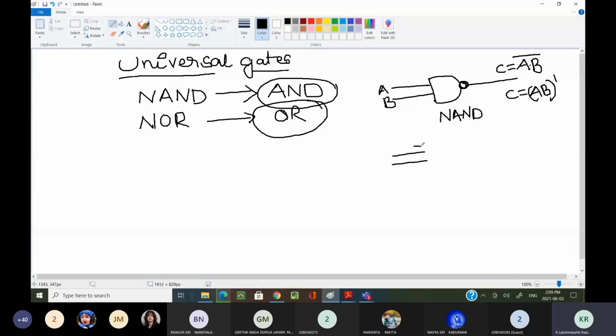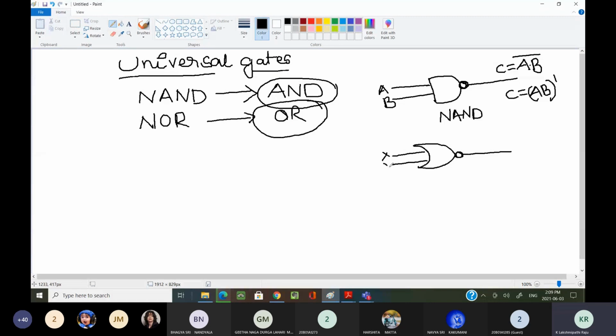In the same way, if you draw the logical symbol of the NOR gate, the additional thing I have added here is the bubble. This is a two input gate.